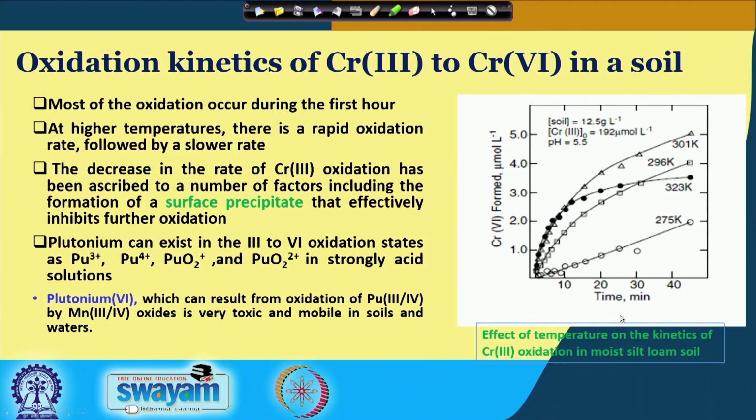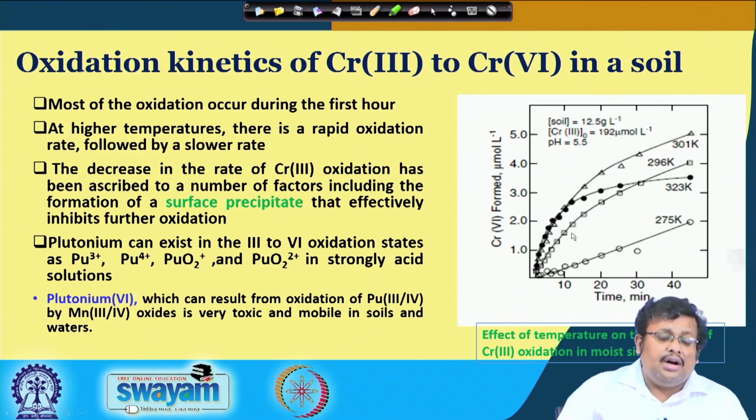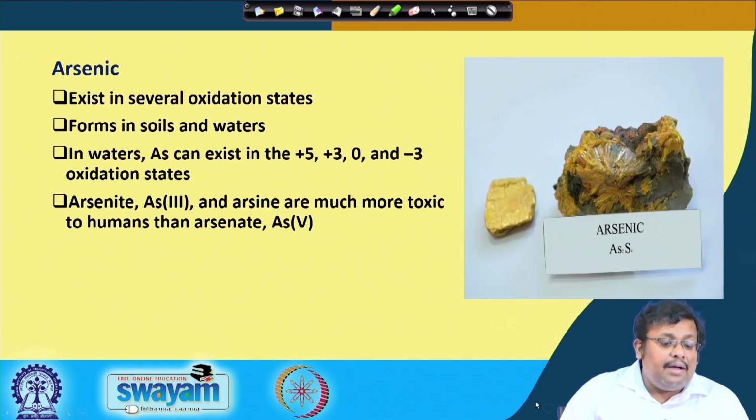Here, if we plot the time and oxidized chromium formation, obviously as the temperature increases, we can see rapid oxidation. Okay. So, these are different types of oxidation mediated by inorganic manganese.